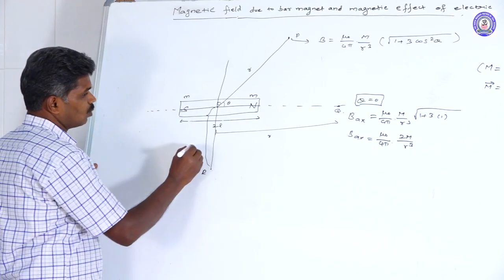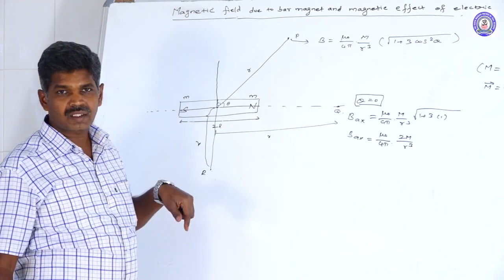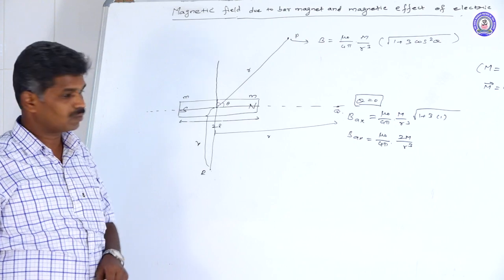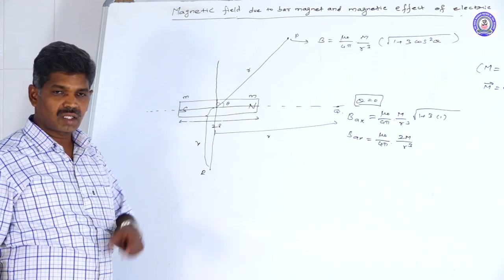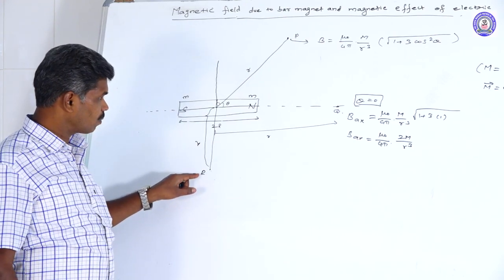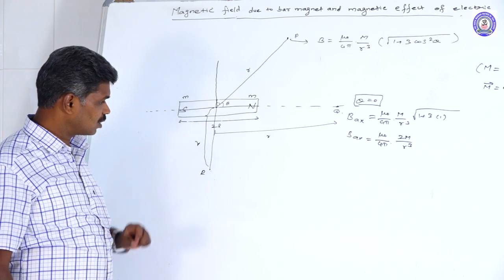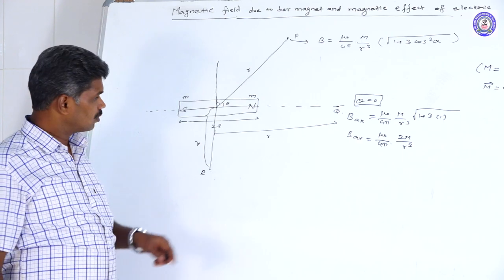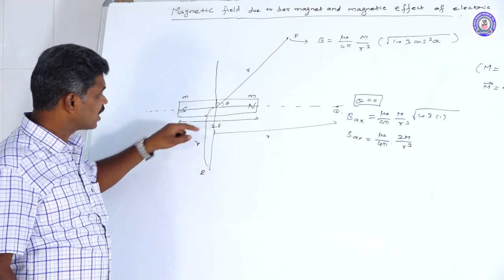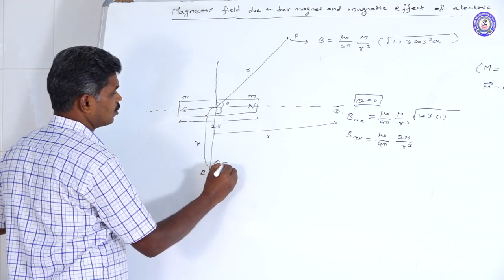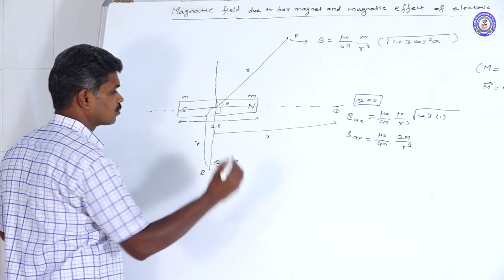Along this line, I want to find the magnetic induction for this bar magnet. We take a point at distance r from the center of the bar magnet. That line makes a 90 degree angle. Here theta is equal to 90 degree.